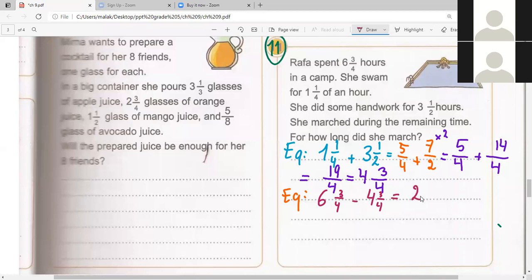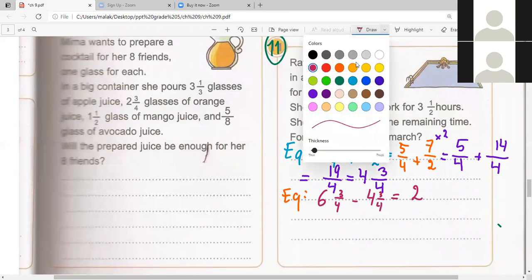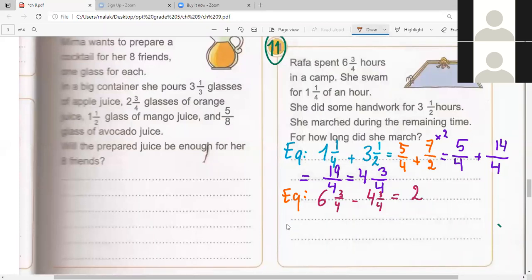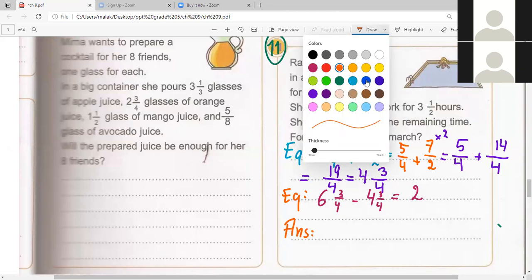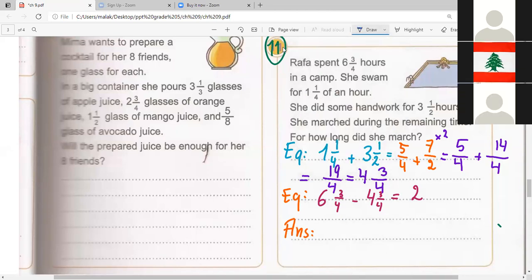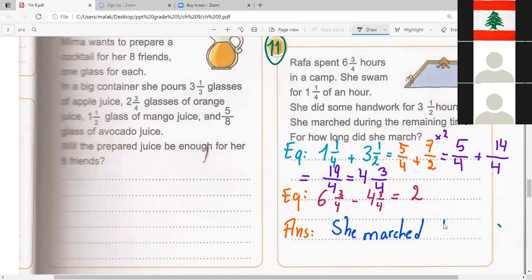That's it, the answer will be 2. When we have the same fraction, just subtract the whole numbers. 6 minus 4 is 2. So the answer is that she marched for 2 hours.